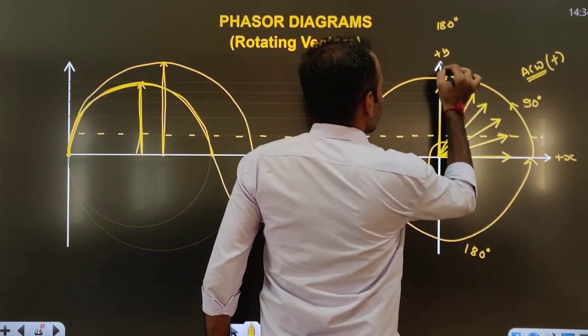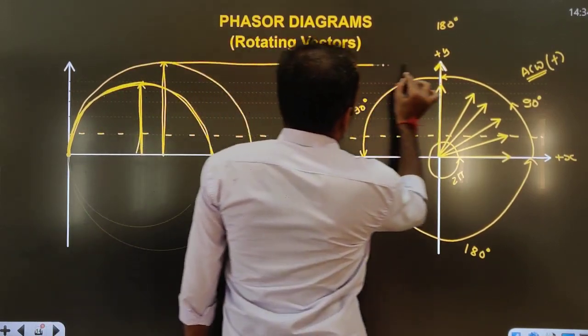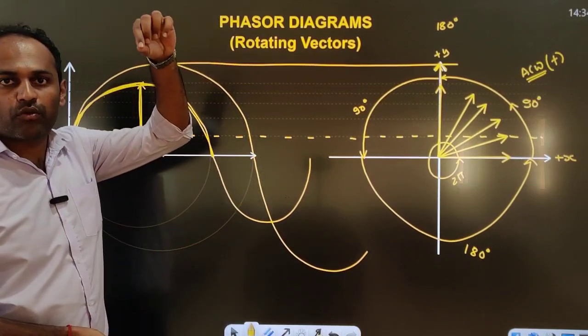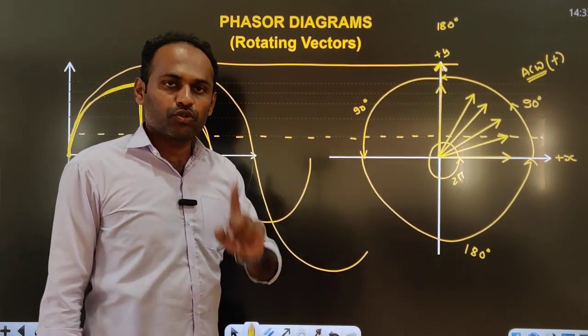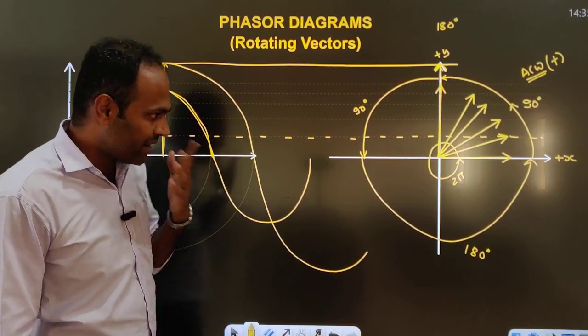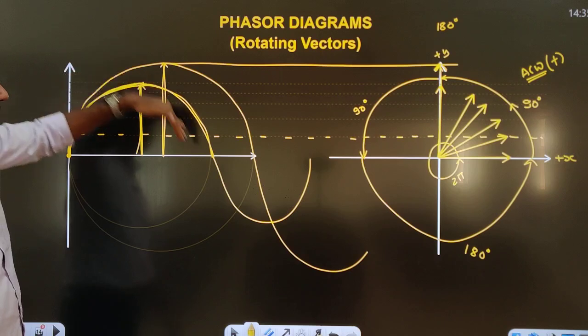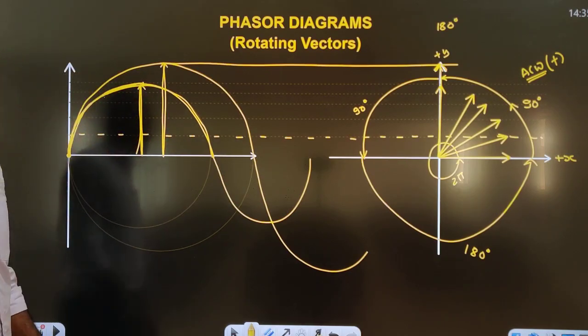It has to be this much, right? Till the maximum amplitude, we need the vector to be there. So the length of the vector we have to show more. As the amplitude of the wave increases, the length of the vector we have to show more, right? This is how we have to show the rotating vectors by referring to the alternating current cycle here.